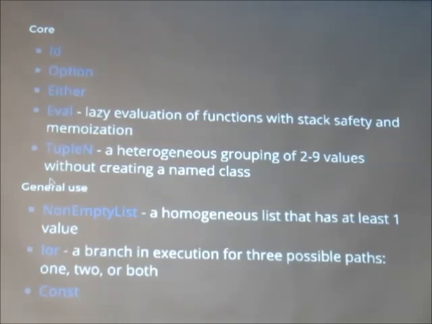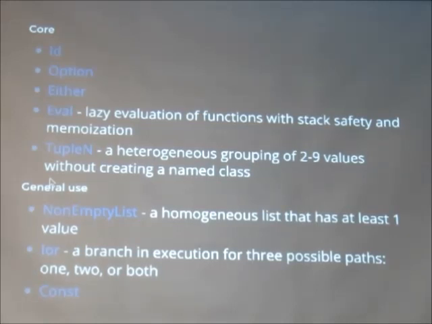Some general use data types. You have a non-empty list, exactly what it says, a list that is greater than size 1. You have something called IOR, which is like an inclusive OR operator. If you think of the either type, either is like an exclusive OR operator. So with IOR, you can have type A, or you can have type B, or you can have both.